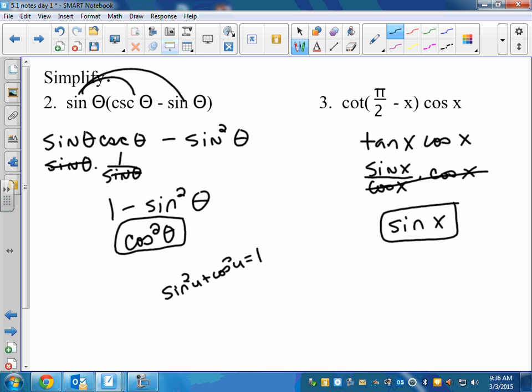It makes me feel like I've accomplished something in my life when I can cancel something out. How did I know to plug in sine over cosine and not 1 over cotangent? Well, because there was a cosine there. So look at what's around there and think, could I rewrite that to cancel something out? And that's the hard part, is I can't tell you every time what to do. You have to just know the different strategies to look for, and that's why people don't like this.